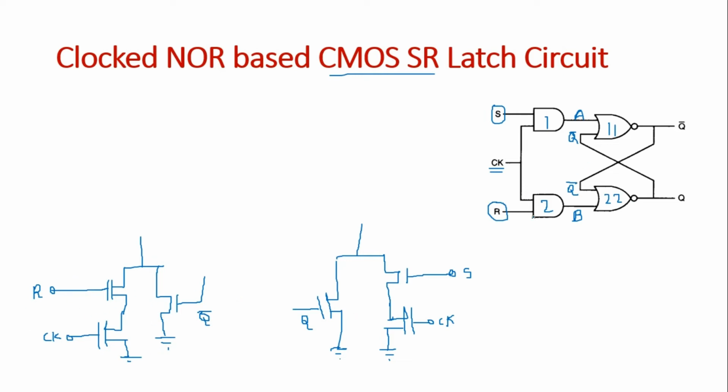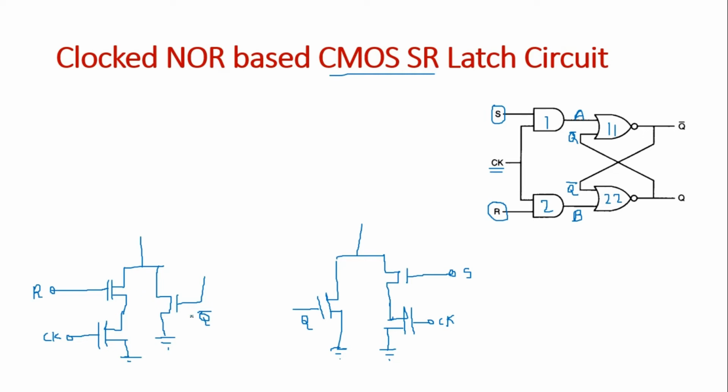Let us now focus on the pull up network, which will be a complement of this. So here first we will focus on the Q bar. Here we can see that R and clock are in series. So in the pull up network they will be in parallel. R and clock, both are in parallel with each other, and in series with Q bar.